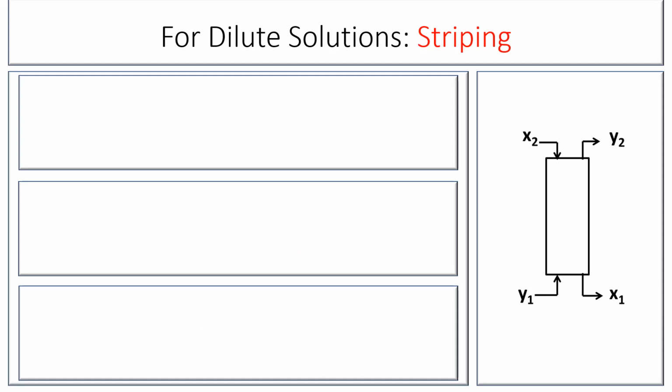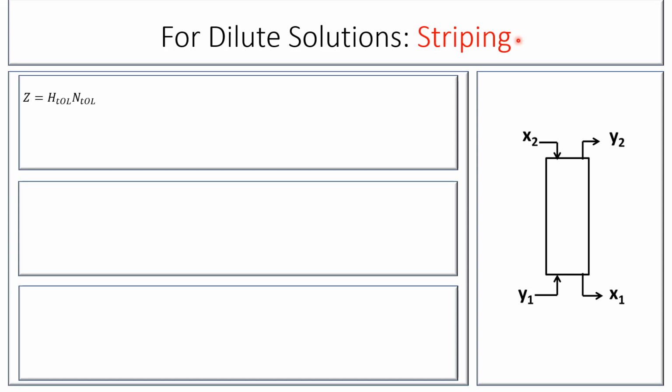It's the same thing if you have a stripping column, but in this case we will be using the overall liquid phase mass transfer coefficient, because in the stripping process, we know that the resistance is going to be in the liquid phase, not in the gas phase.